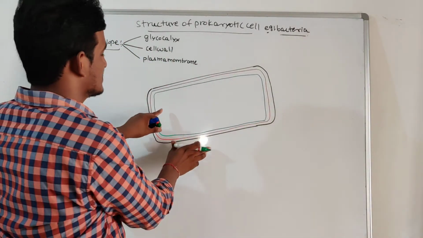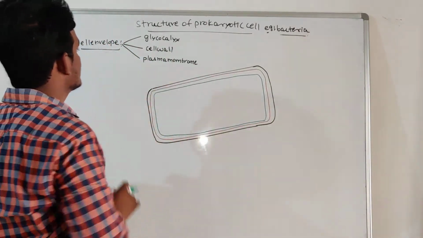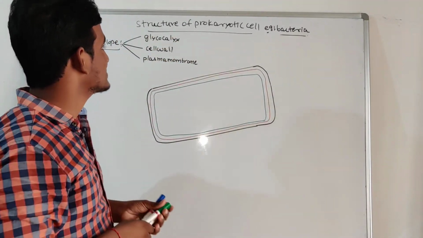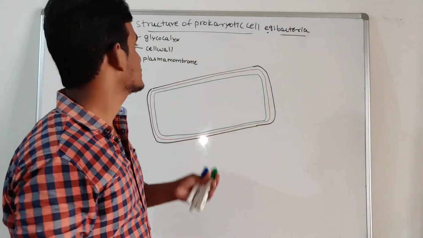So these are the three layers present in the cell envelope. First we start with the glycocalyx.